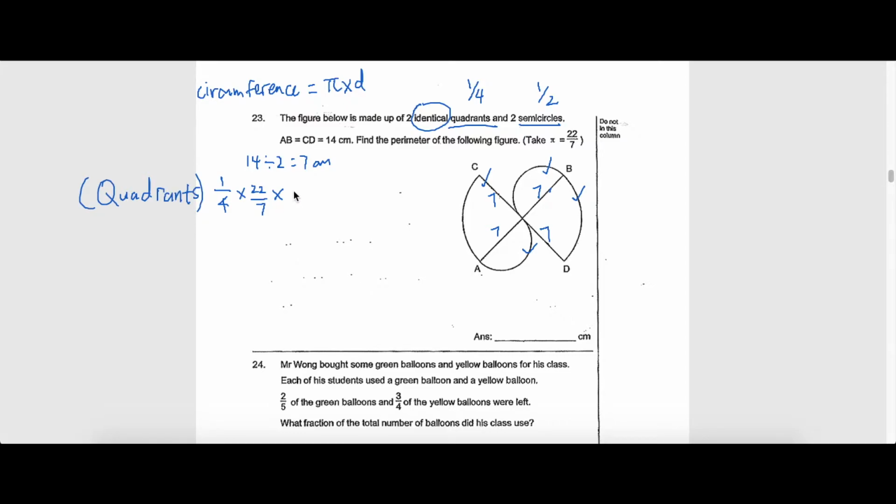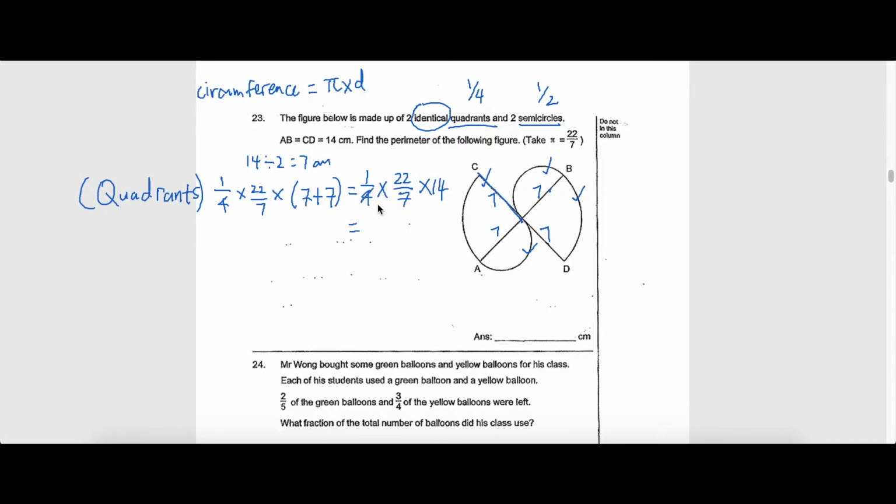One quarter times pi times, if my radius is 7, my diameter will be 7 plus 7. Can you follow? So 1/4 times pi times d. D is 14. Okay? Because this is the radius. I'm looking for diameter, so 14.